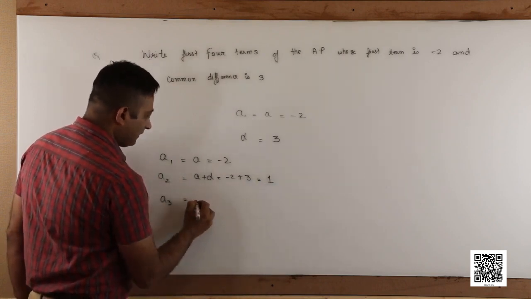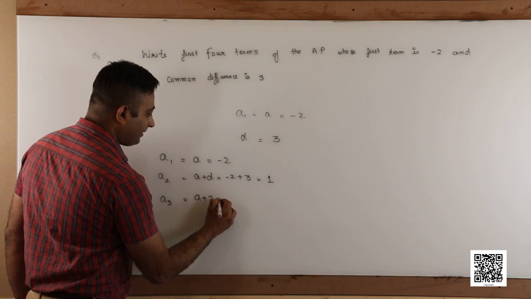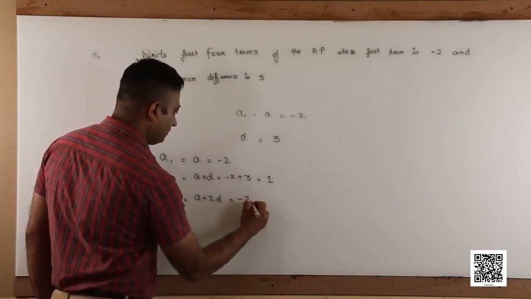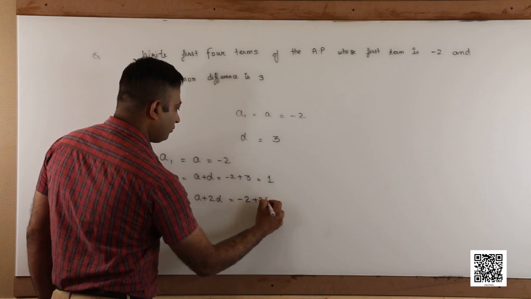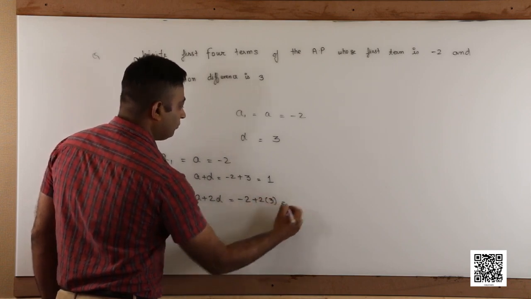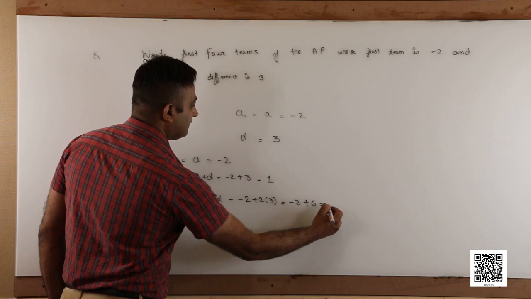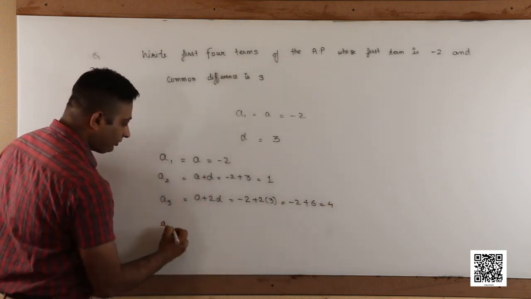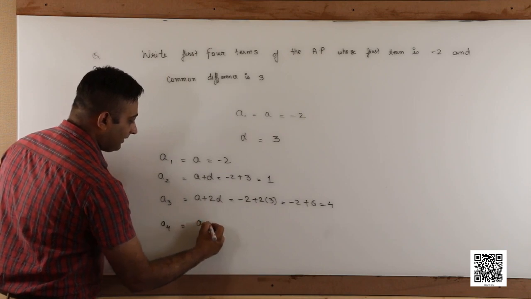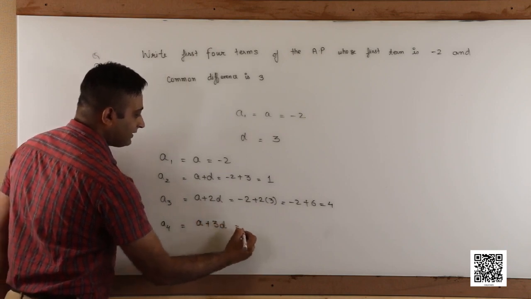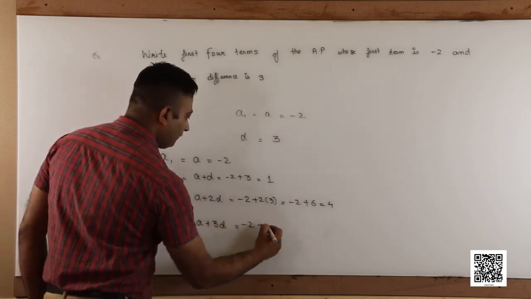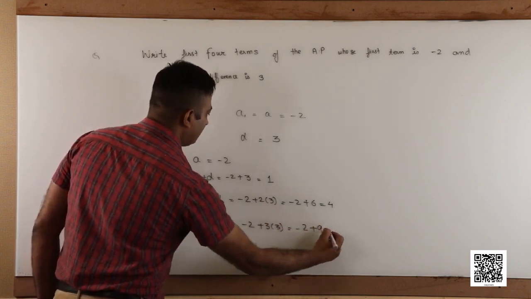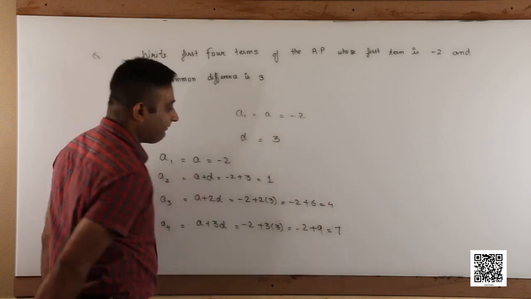The third term is written by a plus 2d, that is equal to minus 2 plus 2 times 3, which is equal to minus 2 plus 6, which is equal to 4. Now we can write the fourth term of this AP, which can be given by a plus 3d, which is equal to minus 2 plus 3 times 3, which is equal to minus 2 plus 9, which is equal to 7.